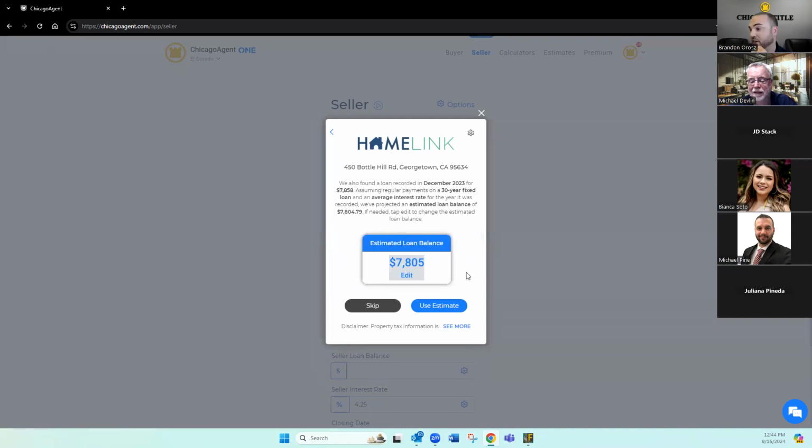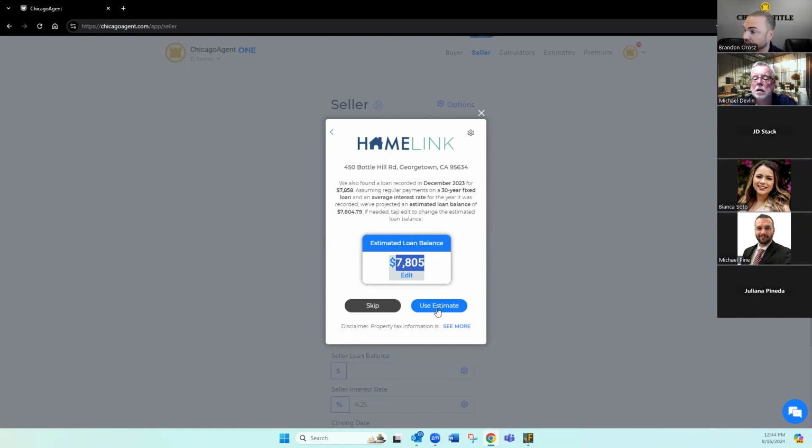So 6.94. And we're assuming they don't have an adjustable. Yes. Estimated loan balance. So there's not much owed on this home. You do want to confirm that this is correct, but that puts you in the ballpark. That's got to be close if it's that low of a number.